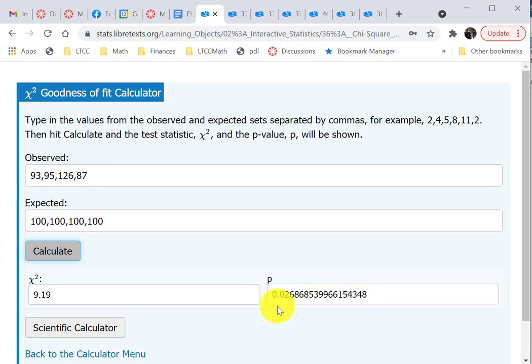And if we use a 5% level of significance, then 0.027-ish is less than 0.05. And when the p-value is less than the level of significance, you reject the null hypothesis. So now we can go back and state our conclusion.